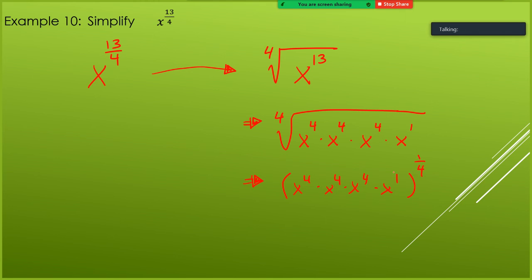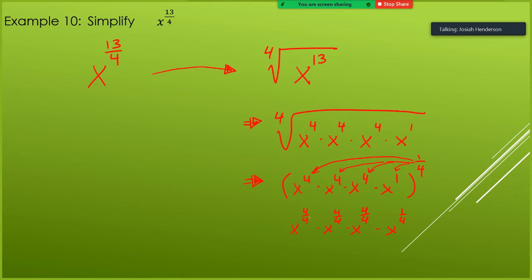Now multiply the powers together. The 1/4 gets multiplied to all those inner powers. So what is that? x to the 4 over 4 times x to the 4 over 4 a third time, and x to the 1/4. The odd one out.